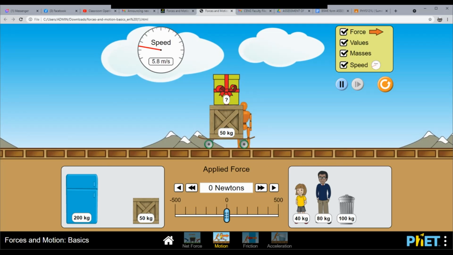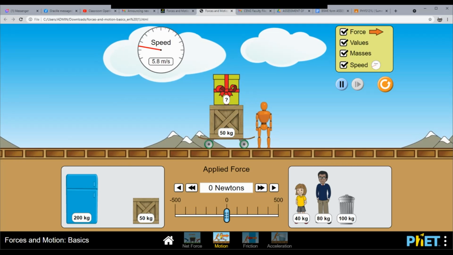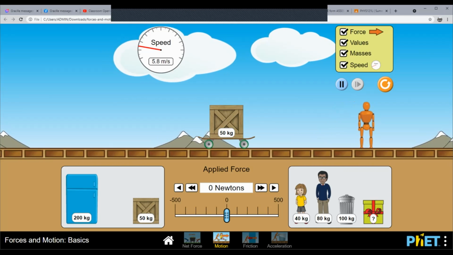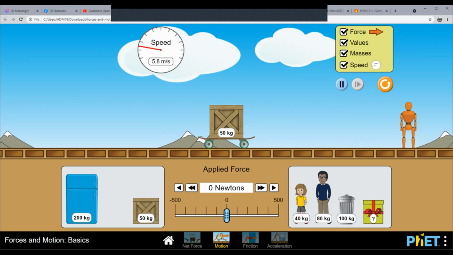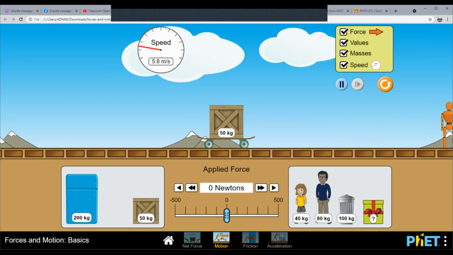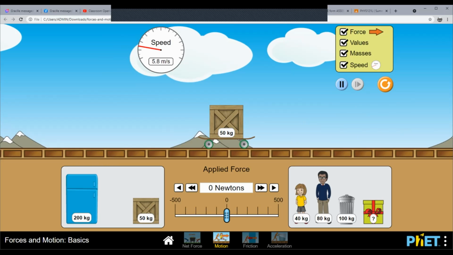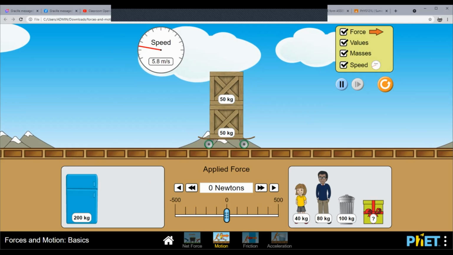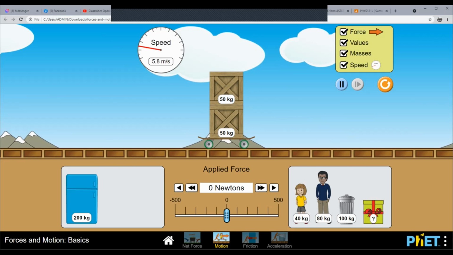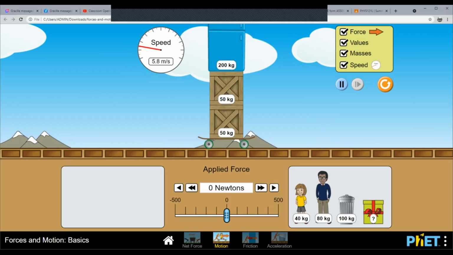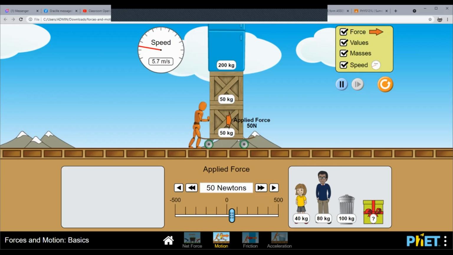So this is how the motion would be affected. That is the speed. Given is the speed. So you have an applied force and then you have the speed of 5.8. What happens if we add another 50 kilogram? What most probably the condition if we add loads here?